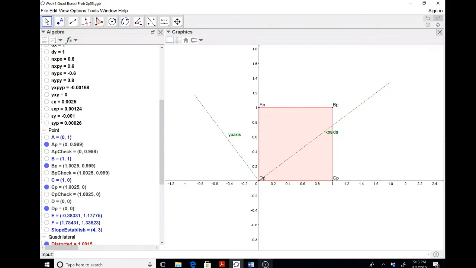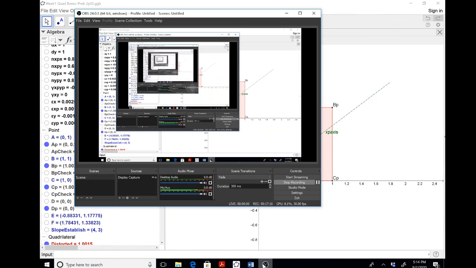So hopefully you are impressed with the power of putting this fairly complicated idea on the children's program GeoGebra. It's a thing of beauty.